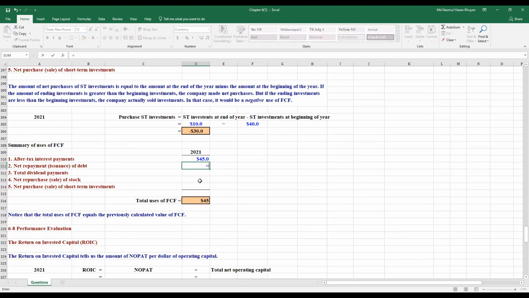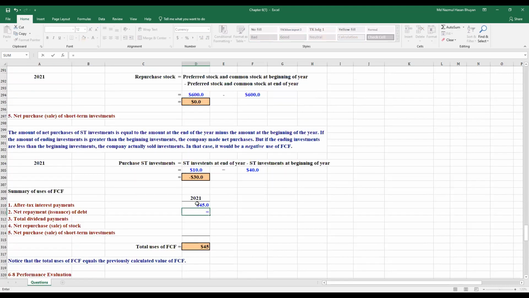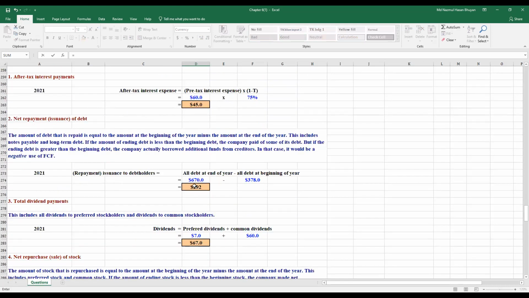And then net payment or issuance of debt. So here you can see we actually issued debt in the current year. That means we got money. So whenever we got money, it is not uses. It is some additional cash flows or inflows. So the sign here should be negative.